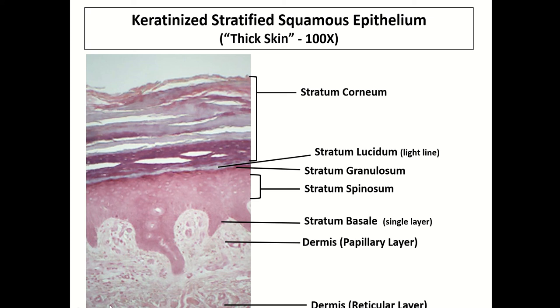So the reticular layer of the dermis has thick bands of collagen fibers, and that's the pink that you're going to see all down here within the dermis, but you don't see that characteristic wave-like appearance where all the collagen fibers are stacked together. And so this cannot be dense regular connective tissue. This is going to be dense irregular. The fibers are all running in different directions.